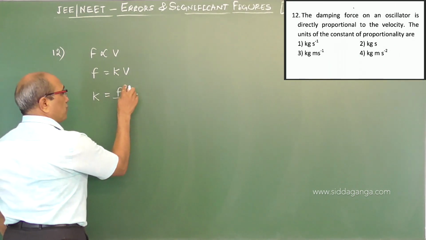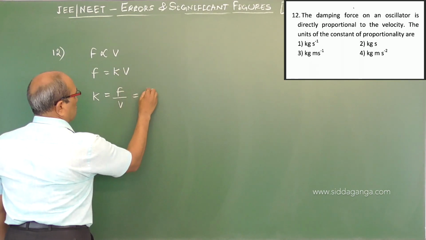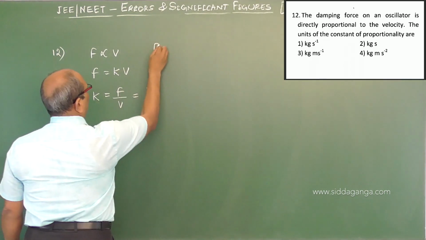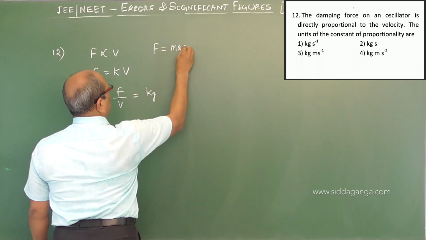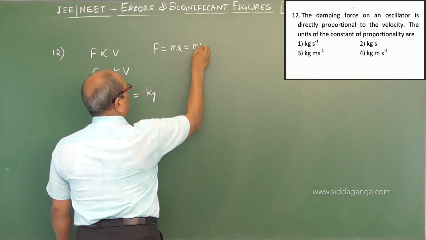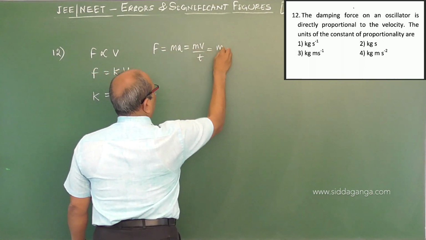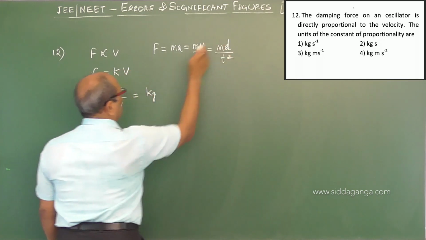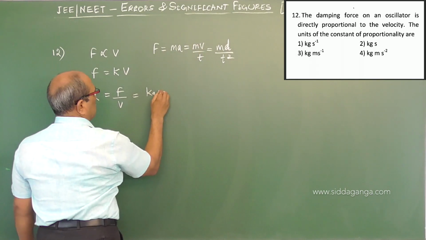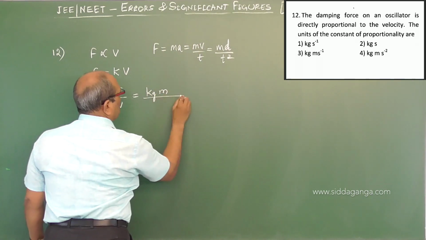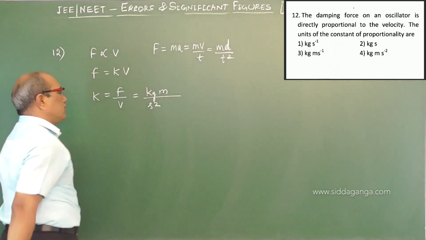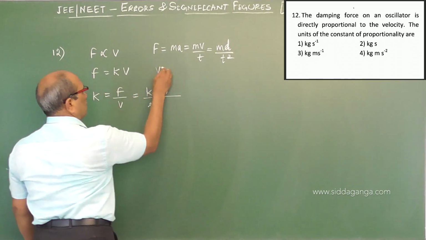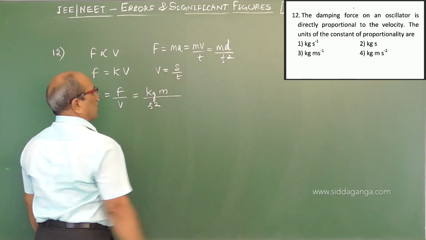What is the unit of force? Mass is measured in kg, because force you can write as mass into acceleration, or mass into velocity by time, or mass into distance divided by time square. Mass is in kg, distance is in meter, and time is in second. Velocity is taken as distance by time directly.